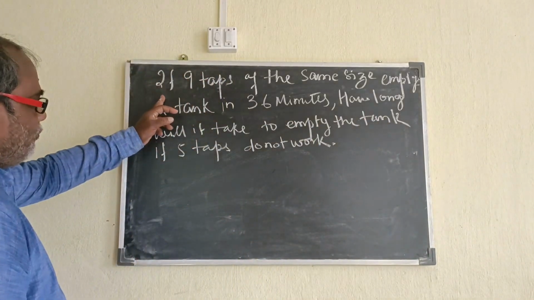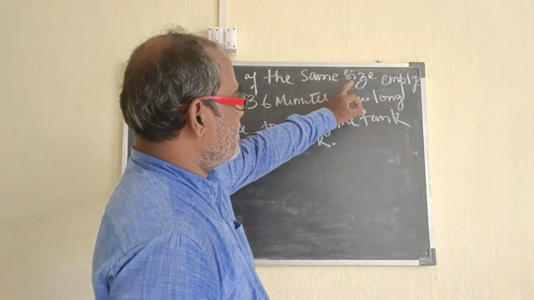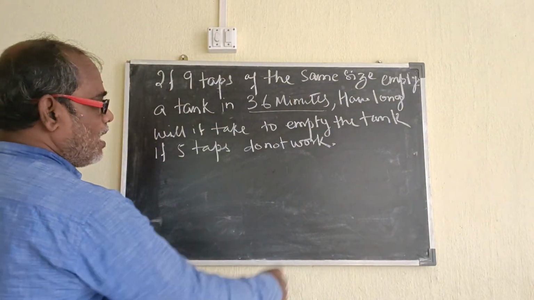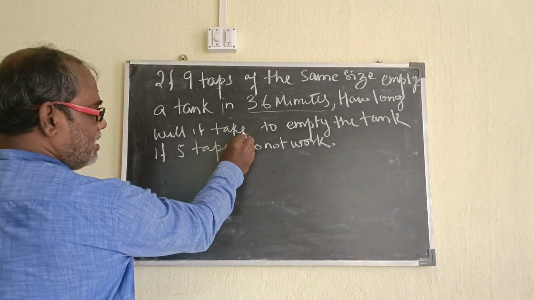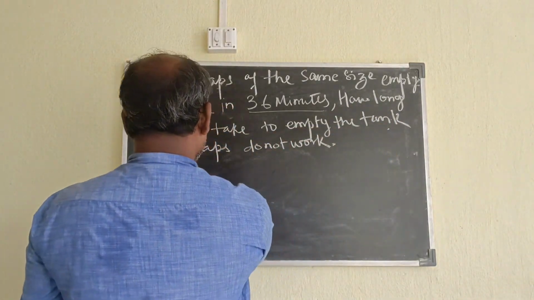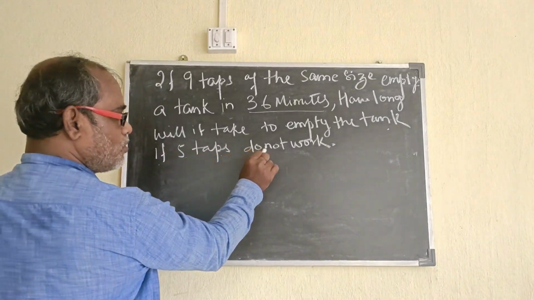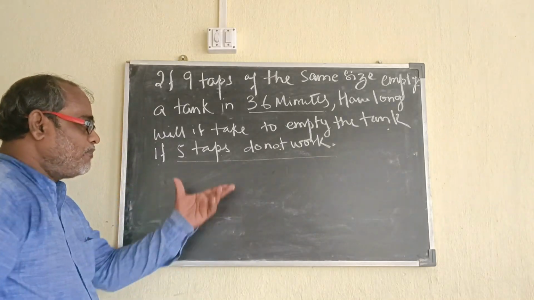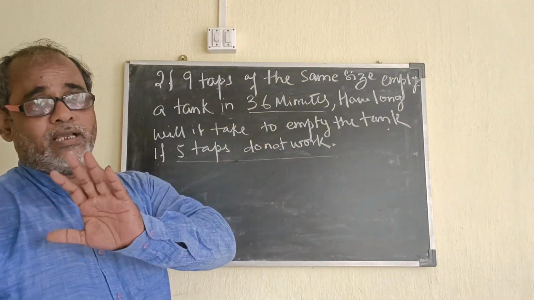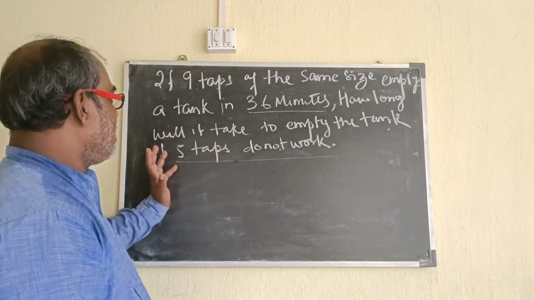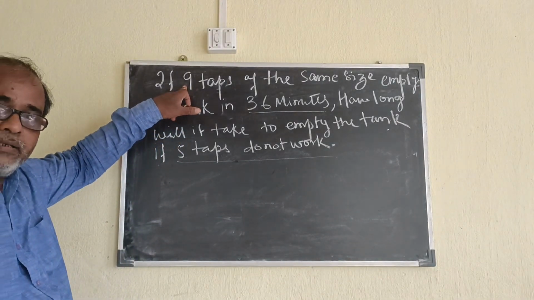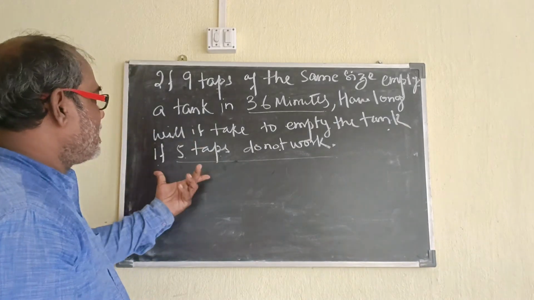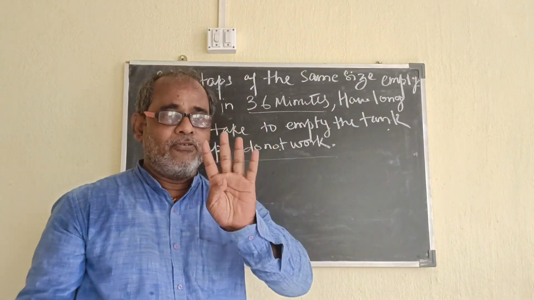The question is, if 9 taps of the same size empty a tank in 36 minutes, how long will it take to empty the tank if 5 taps do not work? You have to understand this. If 5 taps do not work, that means 5 taps are spoiled and not working, then how many taps are working? Earlier 9 taps were working, out of that 5 taps are not working, so now how many taps are working? Only 4.